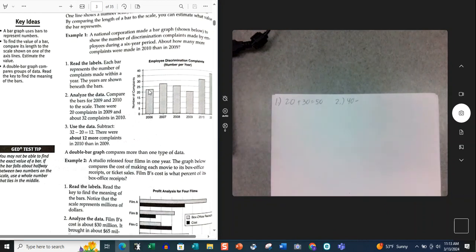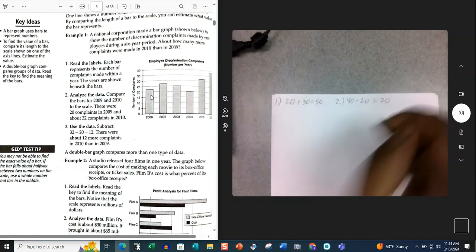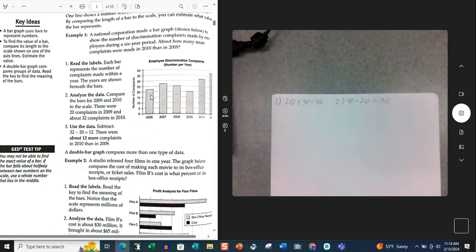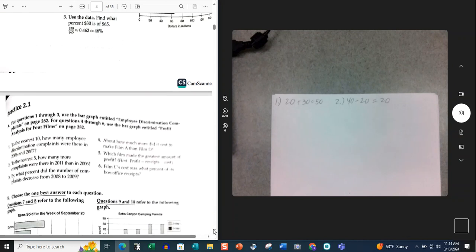This would be closer to 20. So 40 minus 20 would be 20. Okay. Now, so that would be 20.